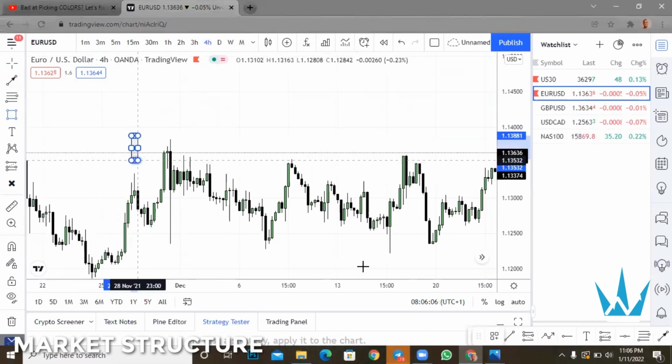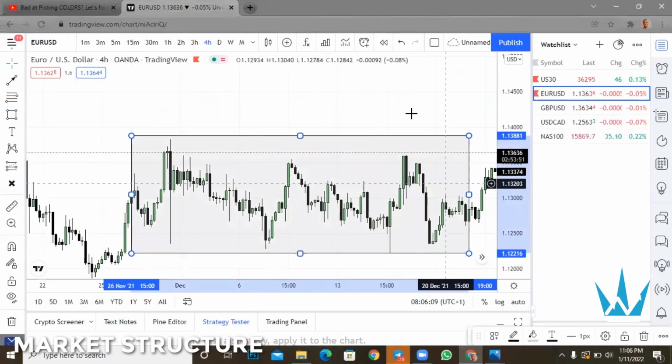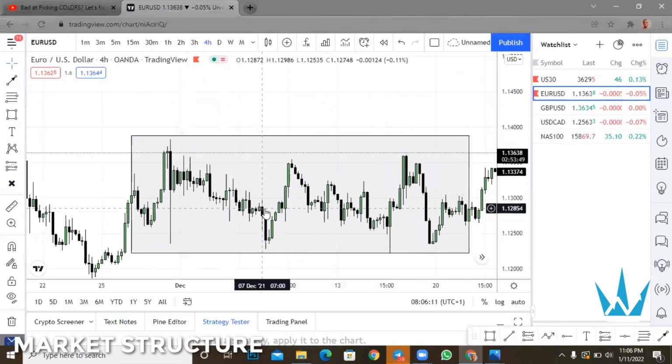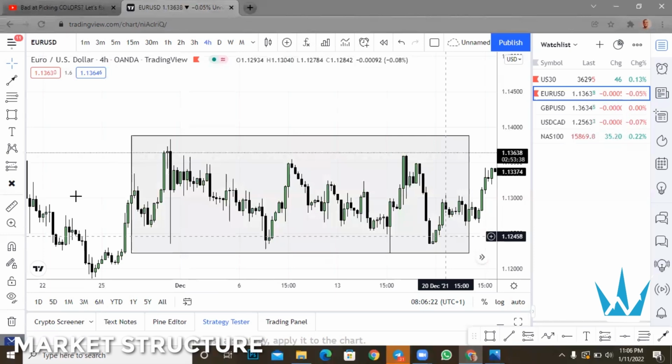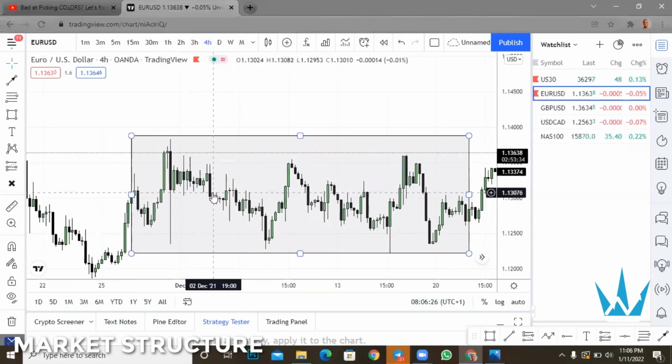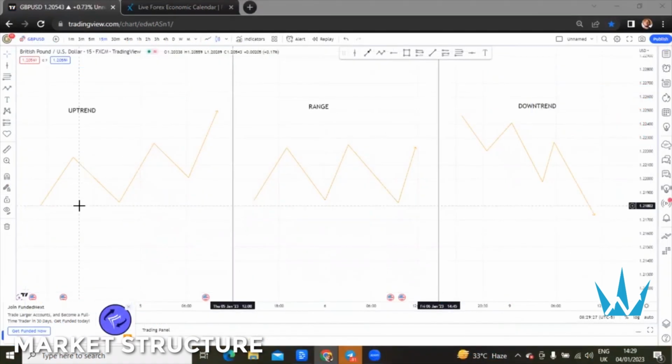It's a pure range. Yes, call this a range. Look at what is in this rectangle. See its price up, down, up, down, up, down. It's not going to the upside, it's not going to the downside, it's just in a confined region. It's known as a range. So the first market structure here is uptrend. You feel me? The second here is range, and the third is a downtrend.